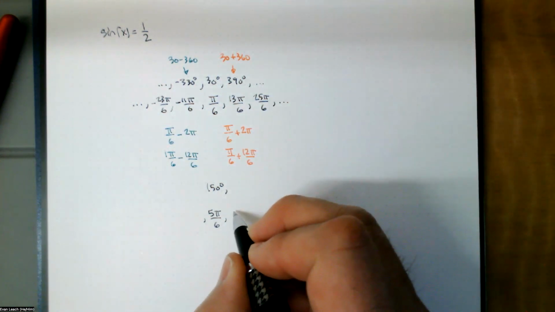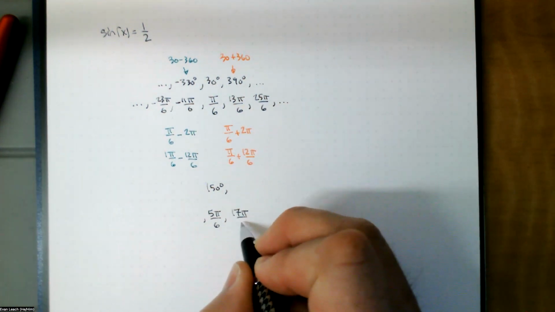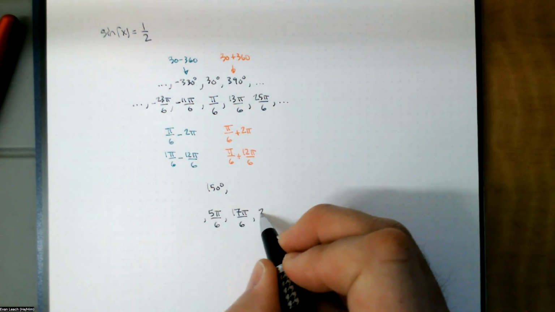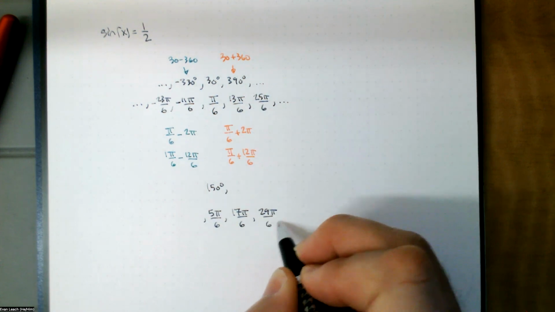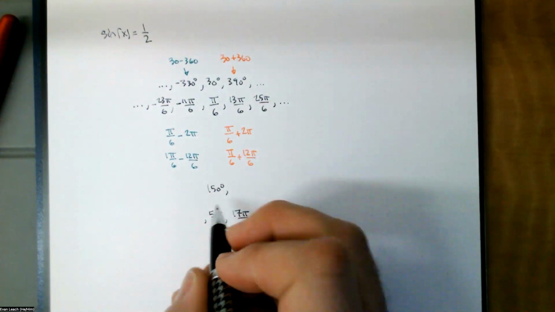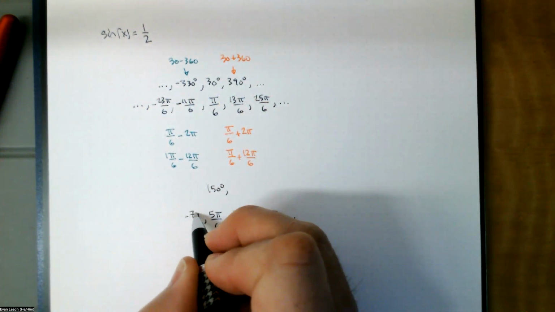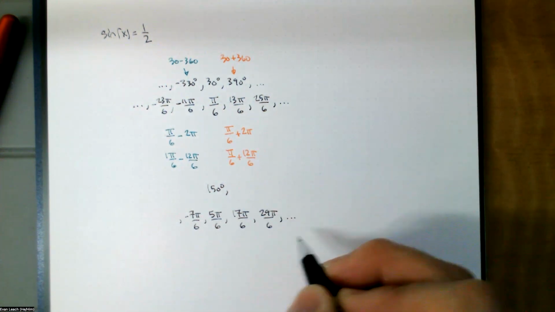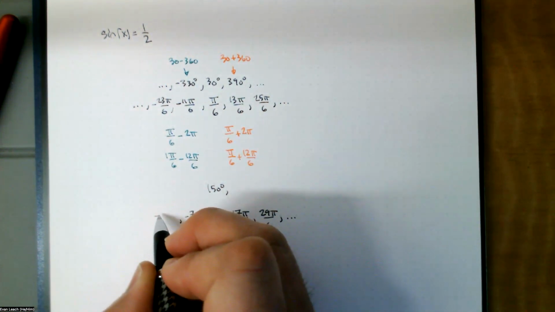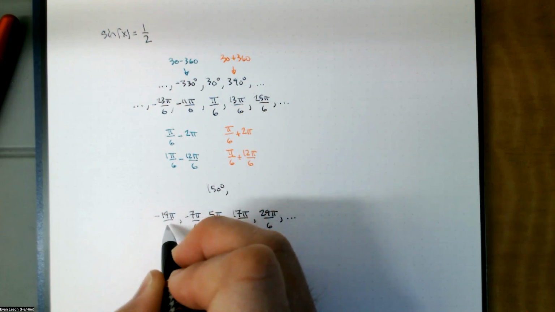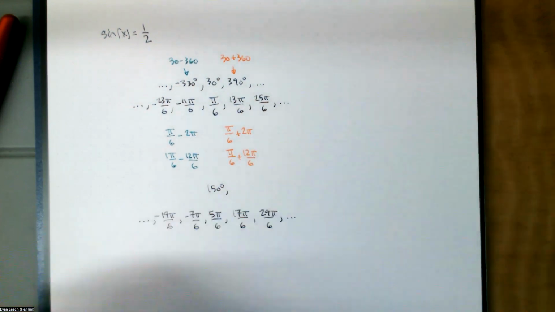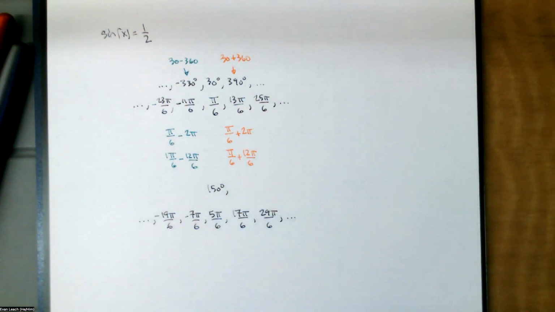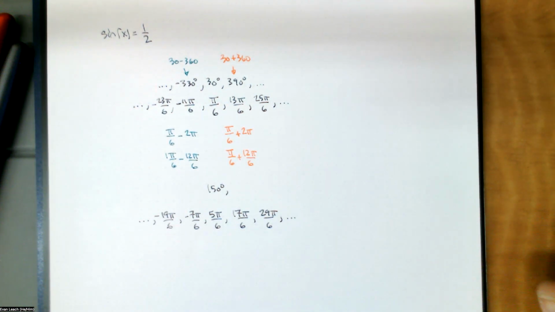So 5 and 12 is 17 pi over 6. 17 and 12 is 29 pi over 6. Subtracting, we'd have negative 7 pi over 6. Negative 7 and 12 is negative 19 pi over 6. And so on. We're just adding and subtracting 2 pi.